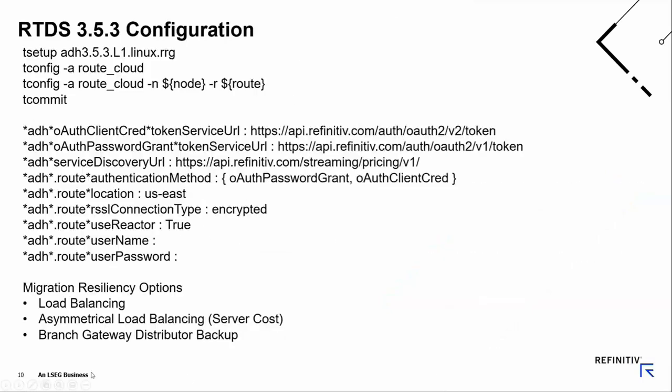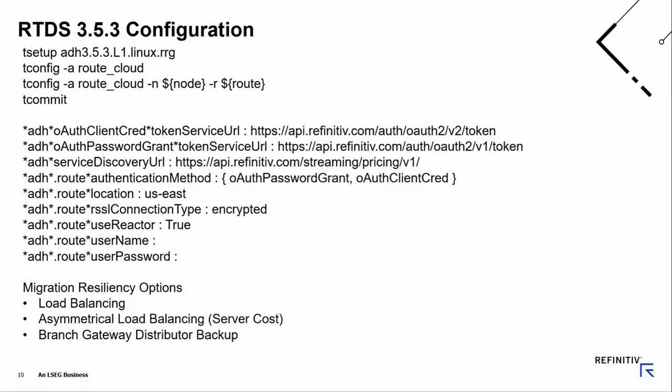So this is just a quick overview of what the config looks like. If you're migrating or adding a new route to RTO, these are the key things we need to connect to RTO. For anybody using 3.5.2 or previously already connecting to RTO, the authentication method is a new parameter. Before it was just token management, but now that we have different versions, we wanted the ability to configure each version independently.